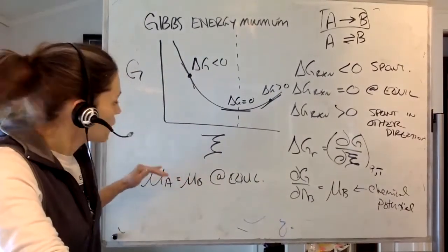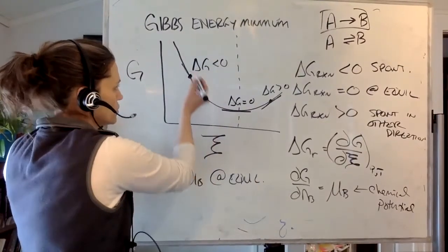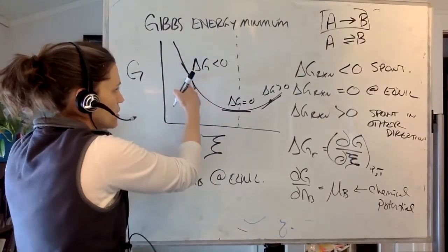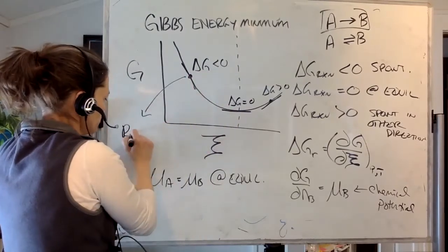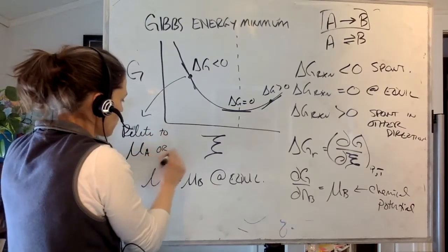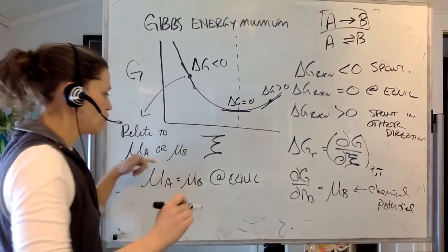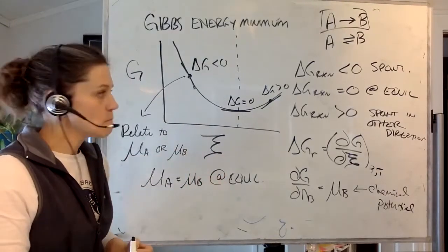And so from here, delta G, the change in the Gibbs energy at any particular point, can be related to the chemical potential of A or the chemical potential of B, which is then related to the extent of the reaction. Cool?